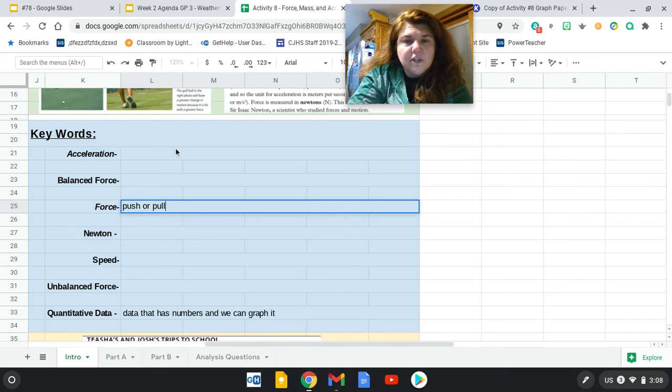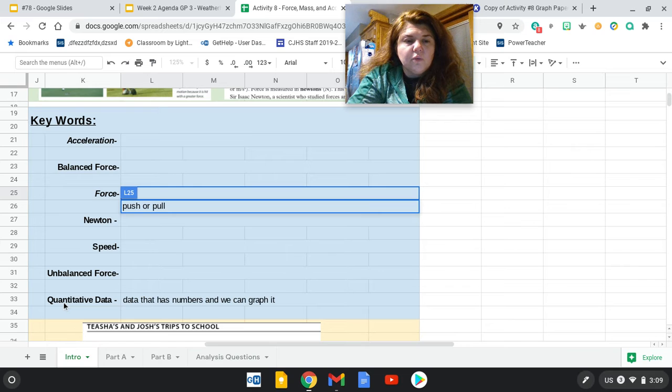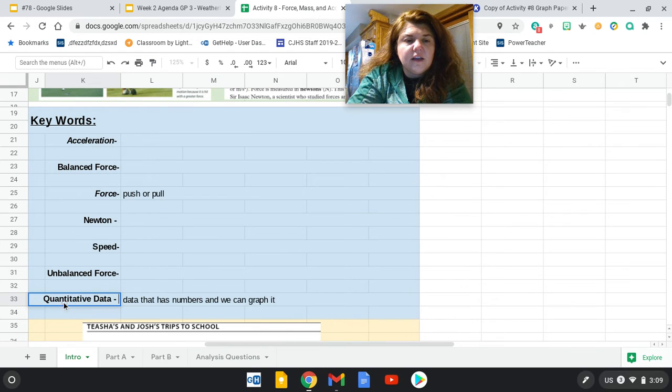Now, there is one change that I made because I had a typo. Your last word here, I accidentally put qualitative data. I don't want to talk about qualitative data for this graph, but I want to talk about quantitative. You hear the word quantity, and quantity means it has a numeric value.